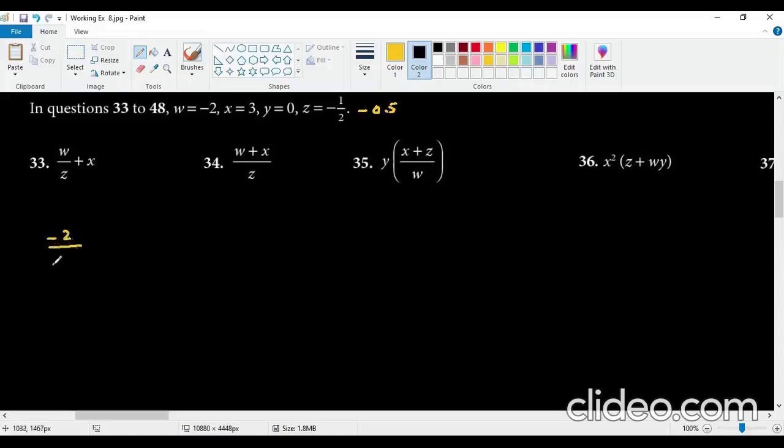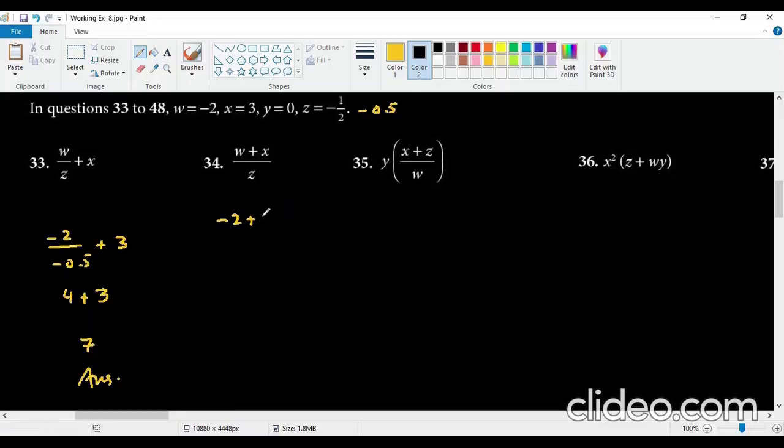Now w has negative 2 divided by z has negative 0.5 and plus the value of x, which is 3. So when negative 2 is divided by negative 0.5 it is going to give you a positive, and 2 divided by 0.5 is going to give you 4. So 4 plus 3 is going to give you 7. Now question number 33 has 7 as an answer.